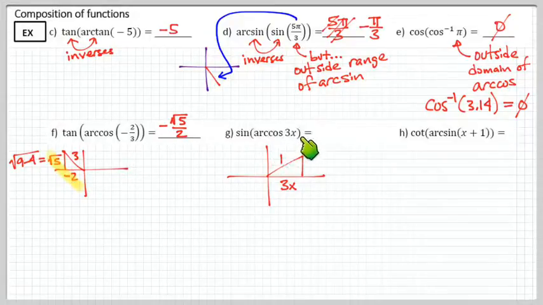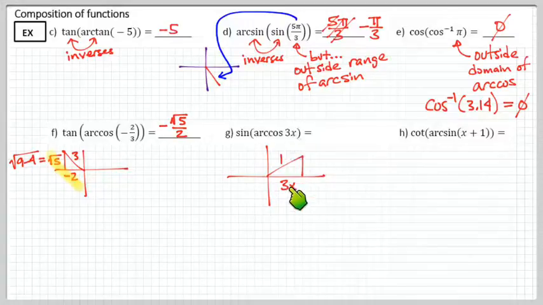We haven't done this before, where we're given a variable as our value of the cosine. And so we're going to create a triangle. I could create it in either of these quadrants, but I'll just use quadrant 1, where cosine is adjacent over hypotenuse. So I'm just going to make up any value that gives me a ratio of 3x.